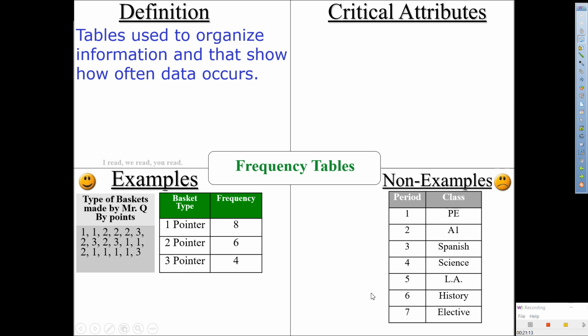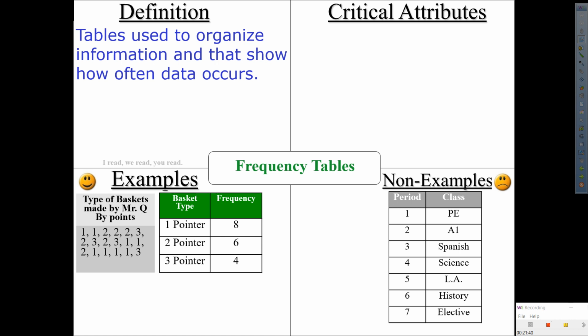Look at that table and talk it over with your neighbor. Let them know why that one is not a one-way frequency table. Why is that one not a one-way frequency table? Looks like Samantha's got it. Very good. Mia's got it.